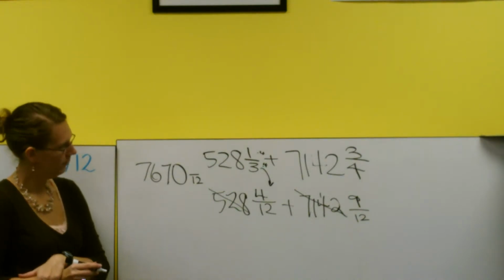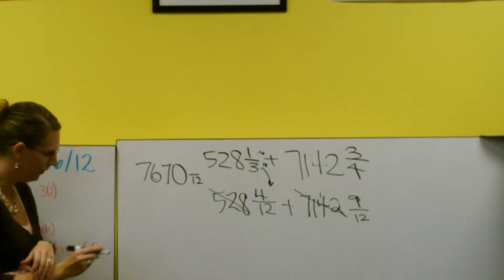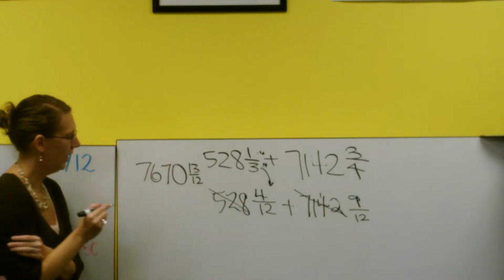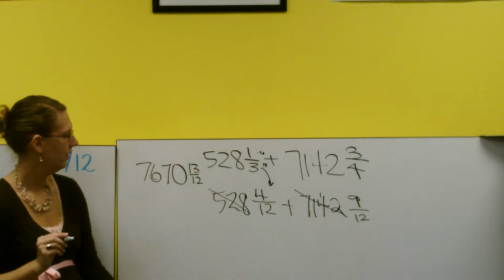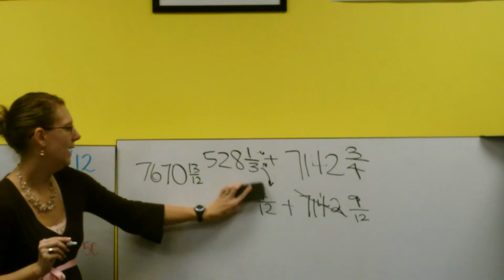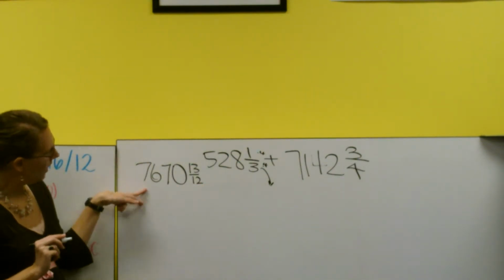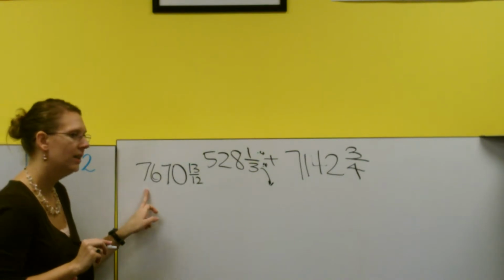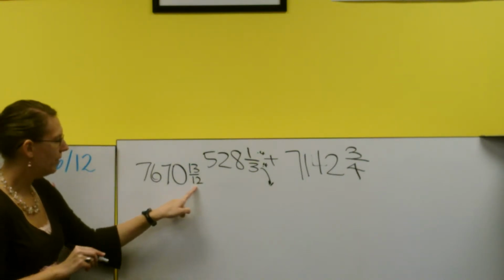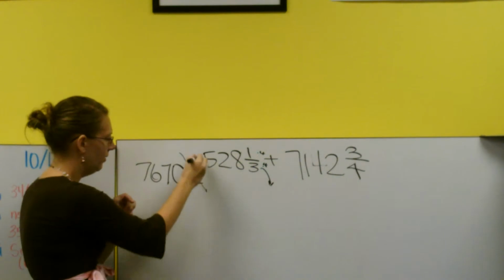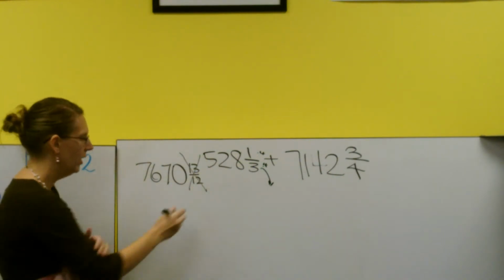13. How did you get 13? Beautiful. 13. But can I leave my answer like that? Nope. I can't. So let's erase that step. Give me some more space. So what do I need to do first, Destiny? If I see that I have an improper fraction here, we have to figure out how to fix it.